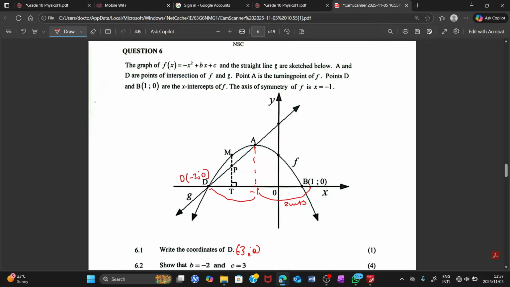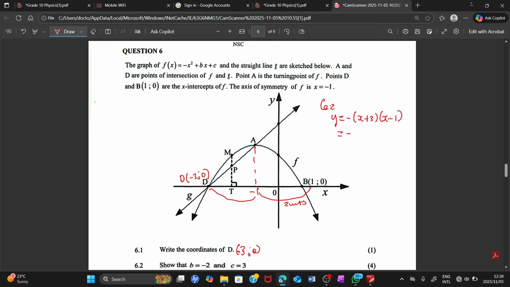Now show that b is equal to minus 2 and c is equal to 3. So meaning that we're going to replace in the formula. We're going to say y is equal to minus (x plus 3)(x minus 1).